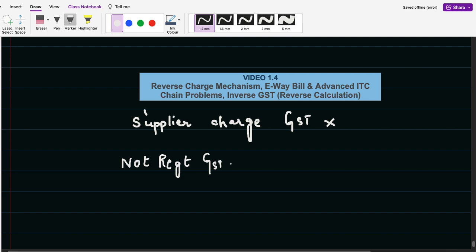They will not be able to collect GST, right? That's why they only charge the product price and ask the retailer to pay the GST amount. This is one scenario.